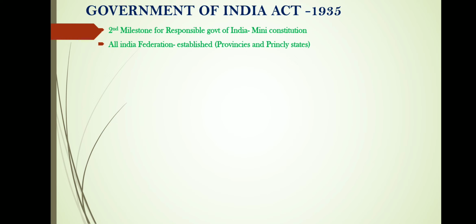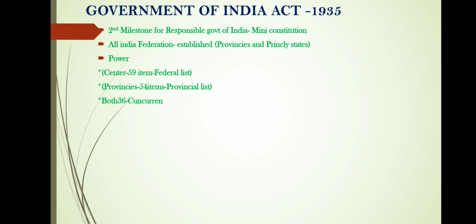An All India Federation was established, of both provinces and princely states. The power was distributed: to the center with 59 items in the federal list, to the provinces with 54 items in the provincial list, 36 items concurrently, and the residual given to the viceroy.